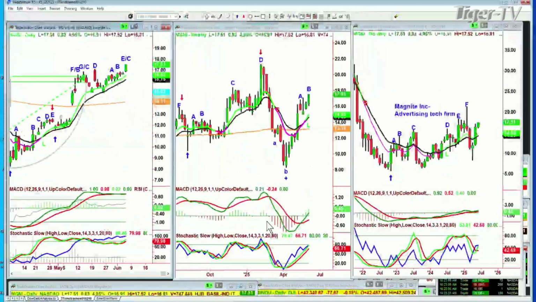Normally, I would say don't add if you're going to make the average of your entry prices if it's going to deteriorate on a sudden slide. But in this case, I'd say at 17.52, it needs to work. So if you're 17, I'd even make, what's the low today? 16.81. No, I wouldn't even go there.